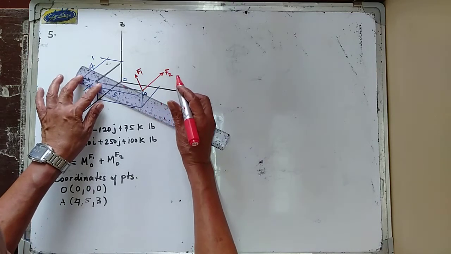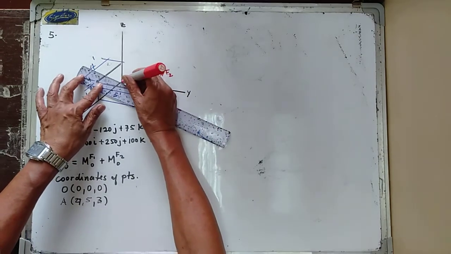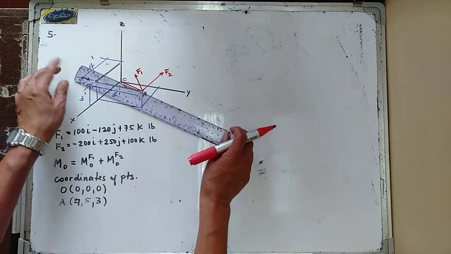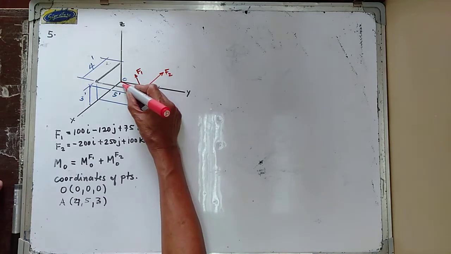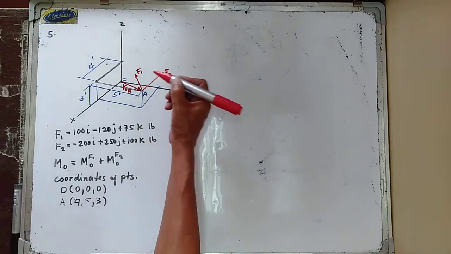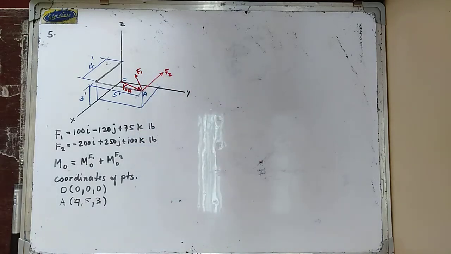So this is the position vector ROA, originating from the moment center. Let us determine the position vector ROA.